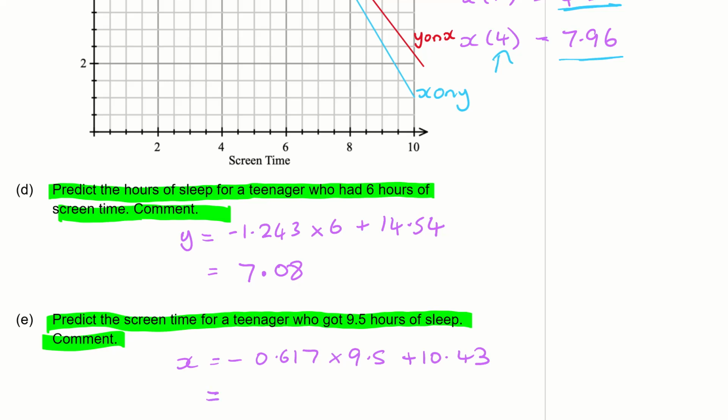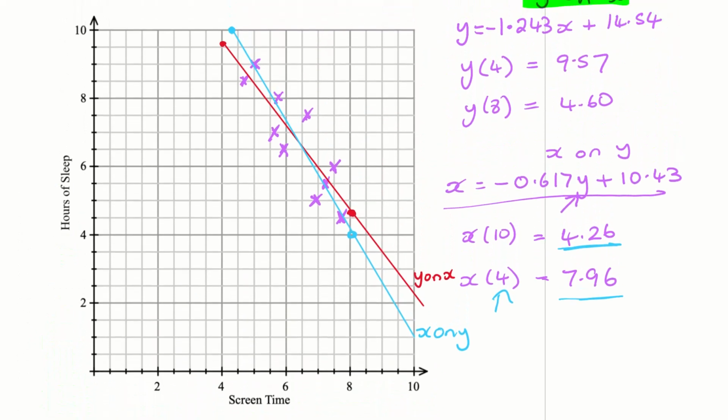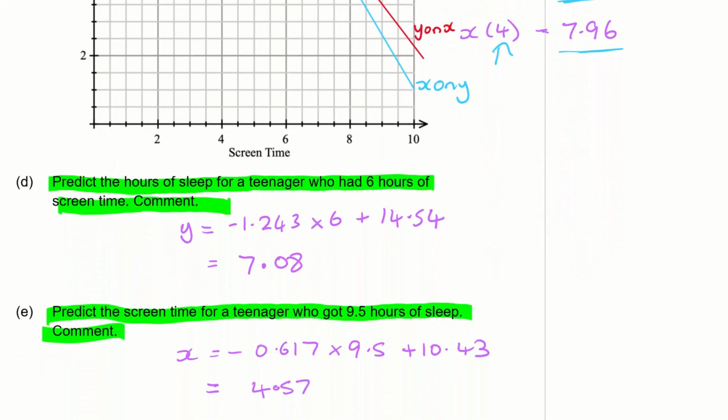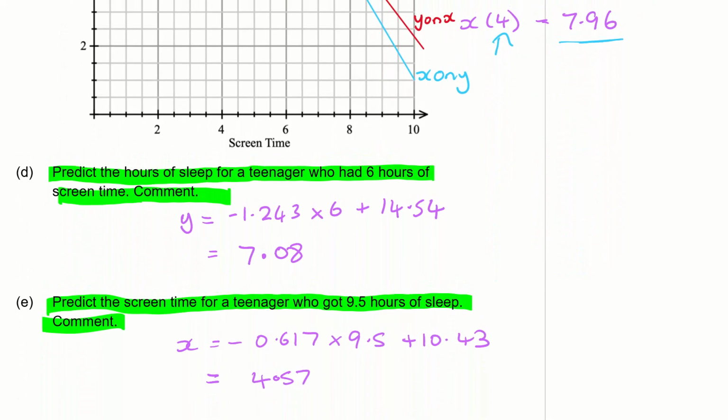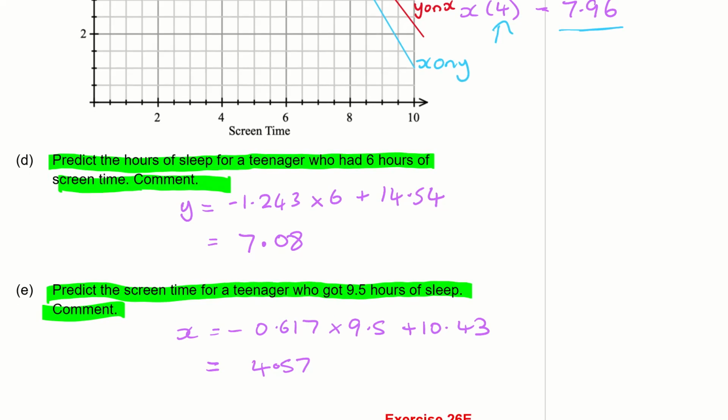And that gives us 4.57. Now, 9.5 hours of sleep, however, is slightly beyond the data. And so that is extrapolation. It's not extrapolation by far, and I might comment to that, but it is still extrapolation, which would make it less reliable than the other estimate.